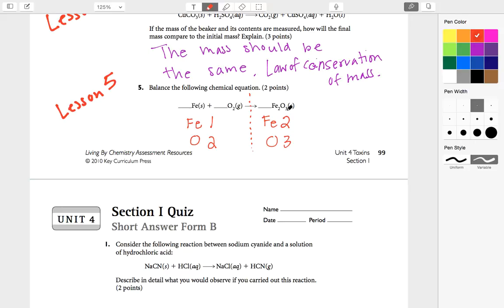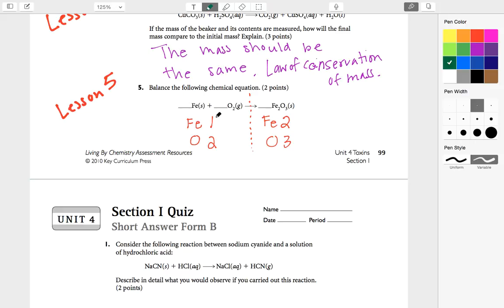I have to make them happy and balanced, meaning that whatever number is next to Fe on this side needs to be the same on this side, right? So let's do that. In chemistry, there's not a lot of subtraction. You can only add things in life, and you can only add to the coefficient, which is this blank spot up front, right?